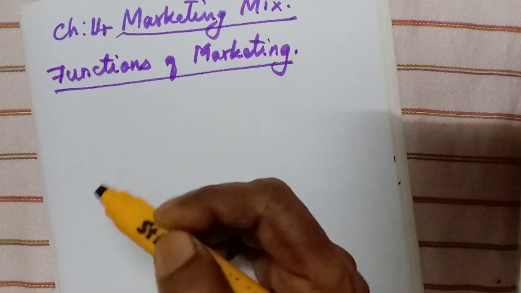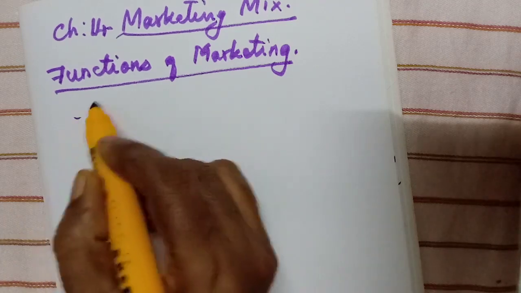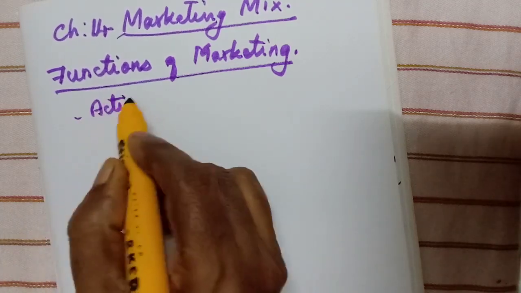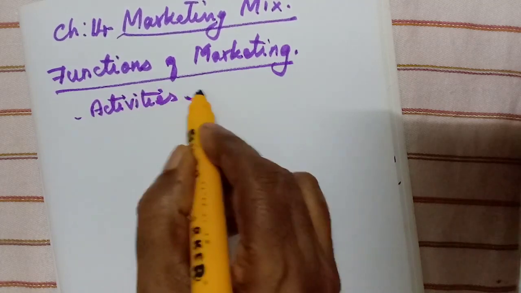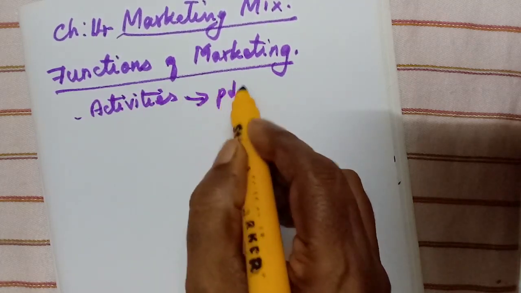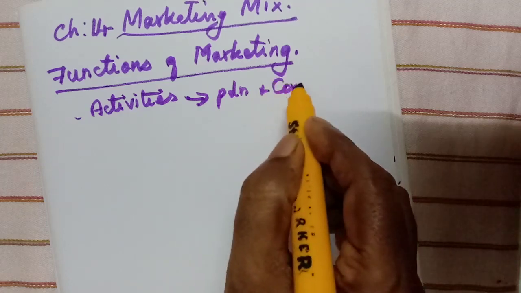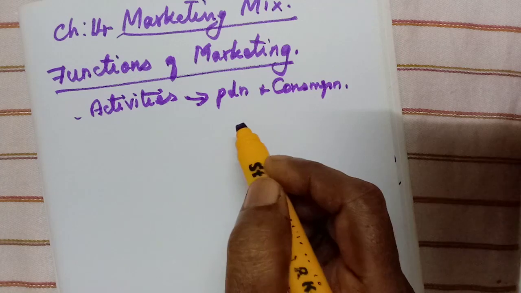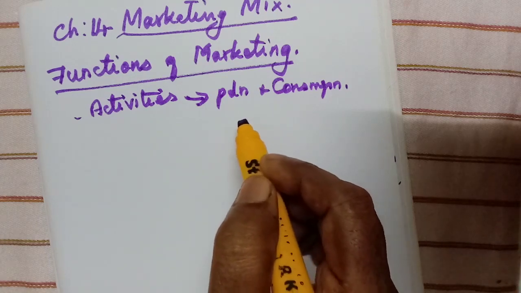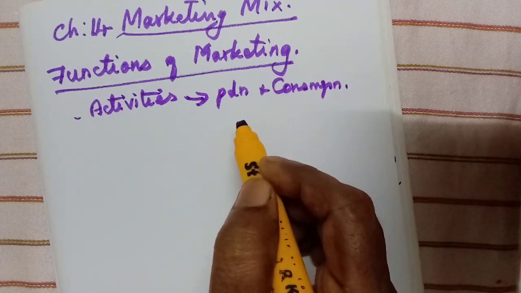So in between, many activities are carried out between the place of production and consumption. That is called the functions of marketing. So we will learn in detail.